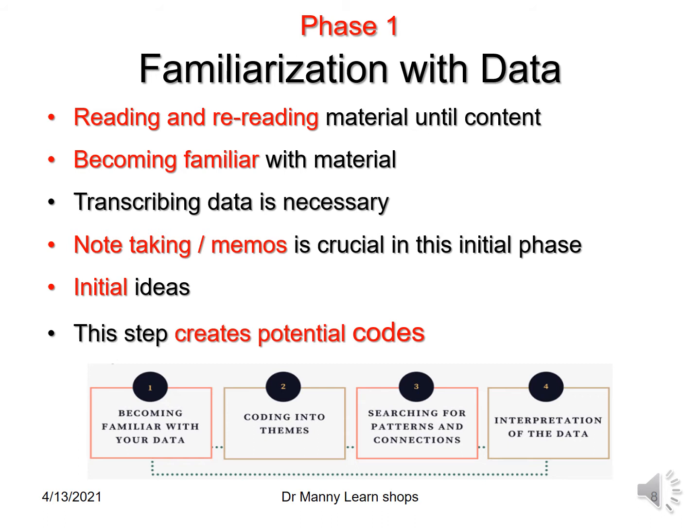Becoming familiar with the material, understanding it, and then transcribing the data, which is important. The process also involves note-taking, memoing, which is crucial in this initial phase. And this is where you get your initial ideas from the raw data. And this step creates potential codes.